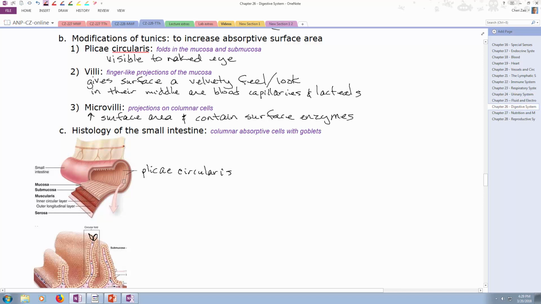Remember back to first semester when we talked about making up plasma membranes? Remember, it's a phospholipid bilayer, and what is always embedded in it? We talked about proteins. Remember, we have transmembrane proteins that create pores for us. But remember, we also have peripheral proteins. And that's what I'm talking about with surface enzymes, because enzymes are structurally proteins. And so we even have digestion actually occurring with those surface enzymes on those microvilli.